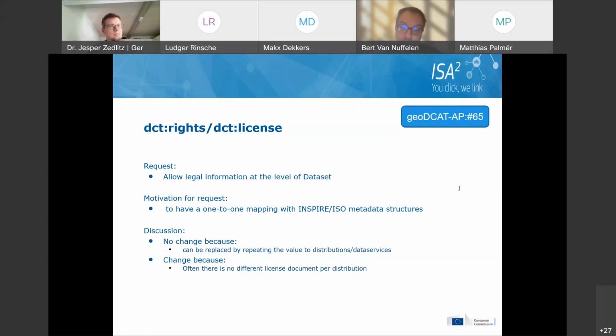You should have it at the distribution level. The text at W3C actually says what we're going to say as well. So we are aligning to DCAT-3.